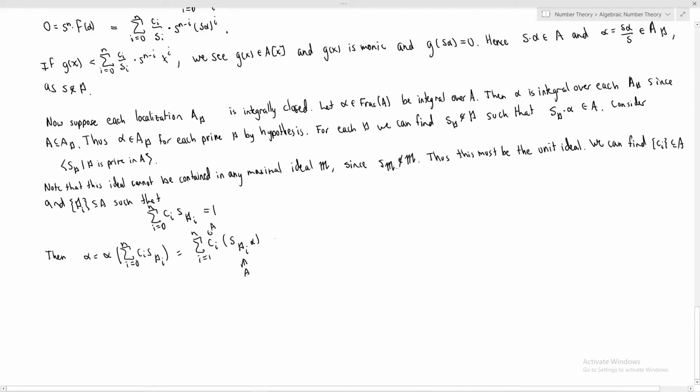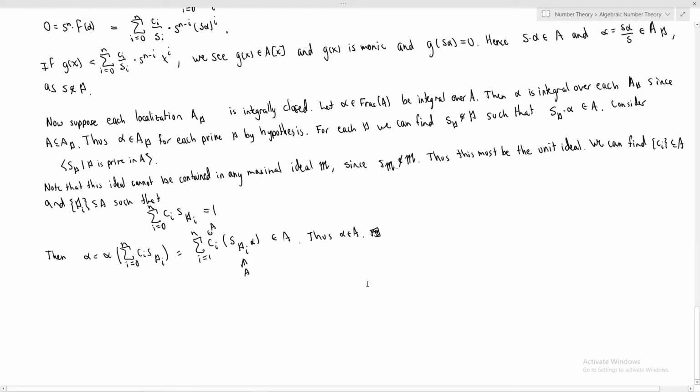Each of these coefficients is in A, so this whole thing is in A. Thus, alpha is in A, and that's exactly what we were trying to show. So since we started with something integral over A, it lived in each localization, and the intersection of all of these localizations actually is the ring A itself.